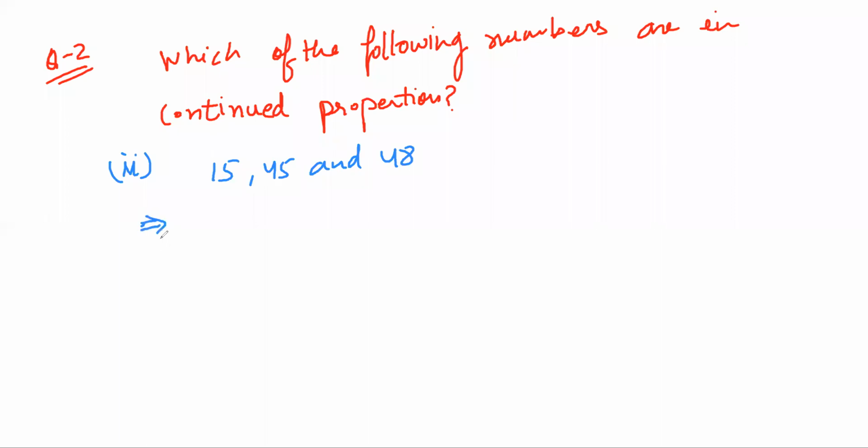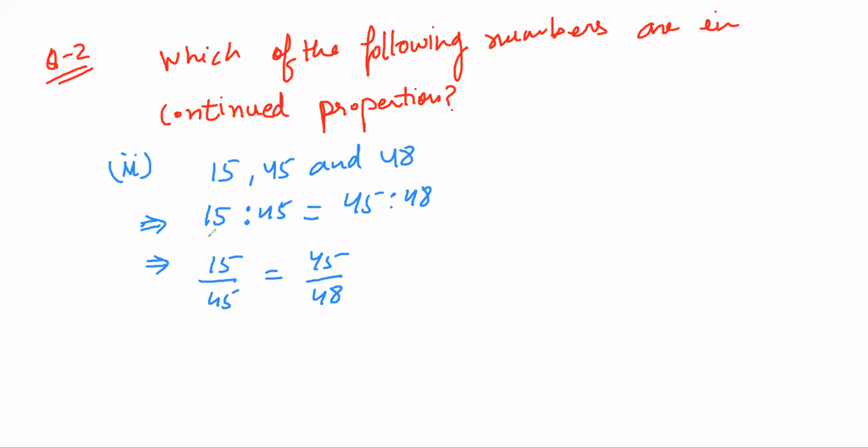Everyone, write the relationship. So you will write 15 ratio 45 and 45 ratio 48. Now write them as fractions: 15 upon 45 and 45 upon 48. Now tell me if they are in continued proportion or not. Reduce both sides to the lowest term and then tell me.